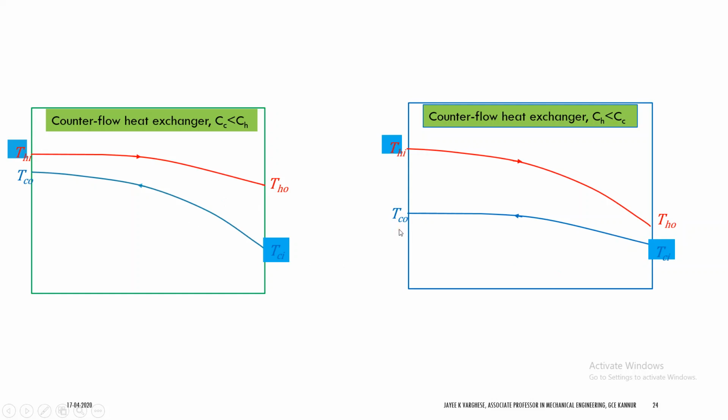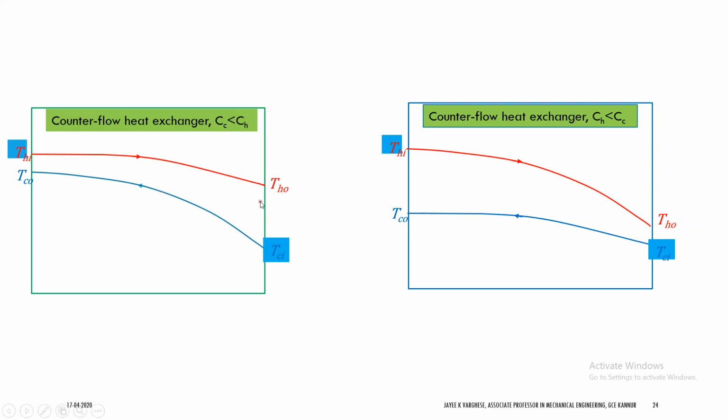Both the cases cannot happen simultaneously. In order to satisfy the energy balance, any of these can happen. So now what will be the maximum possible heat exchange or heat transfer that is given by the limiting case?